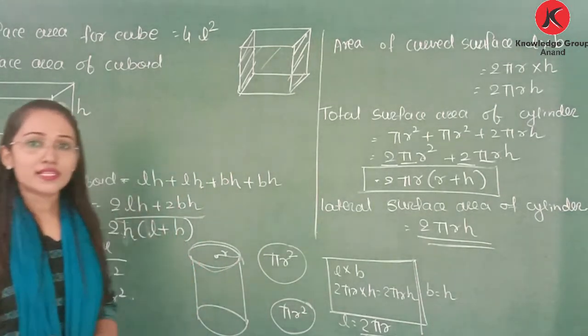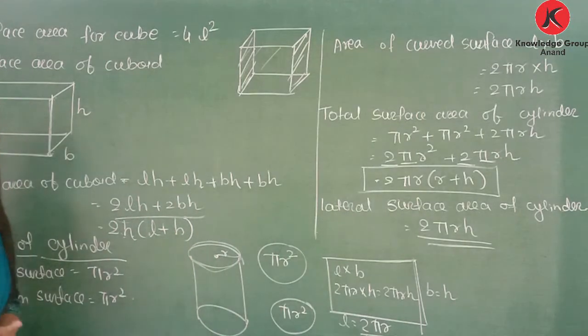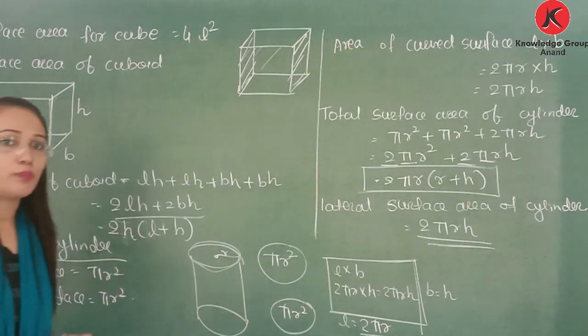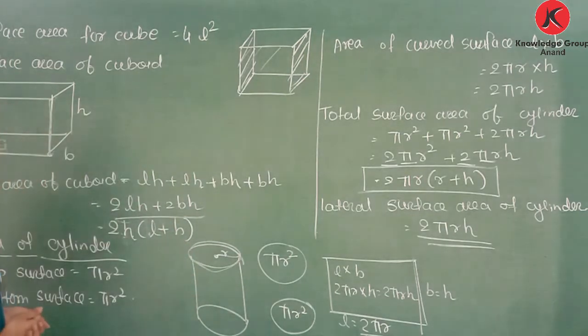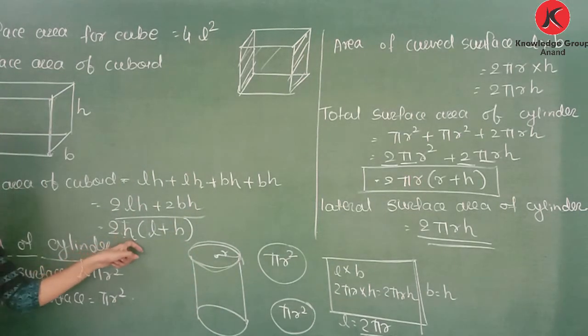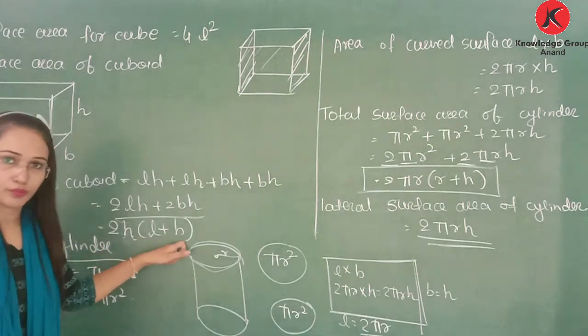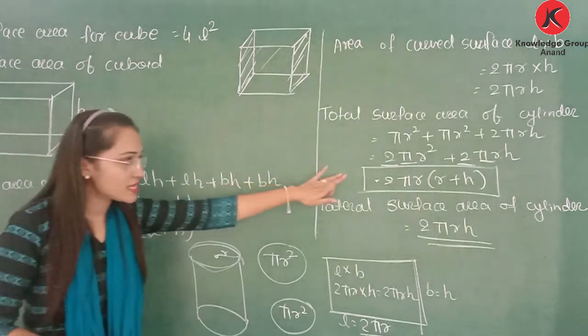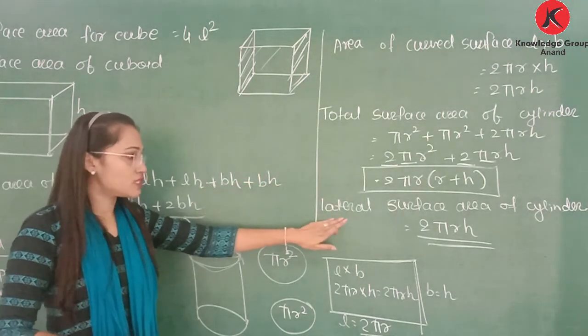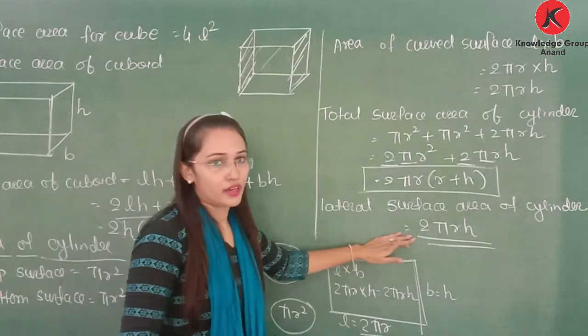Same, the total surface area for a cuboid is 2 inside the bracket lb plus bh plus hl. And the lateral surface area of a cuboid is 2h inside the bracket l plus b. The total surface area of a cylinder is 2 pi r inside the bracket r plus h, and the lateral surface area for a cylinder is 2 pi r h.